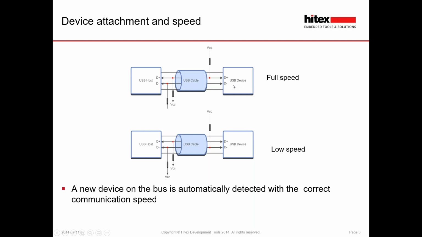In addition, there's high speed. That will initially start as a full speed device and then negotiate with the host to become high speed. Very often now, the pull-up resistor is within a small package, which also provides static protection as well. It's a relatively simple interface that you're just connecting to the communication pins.